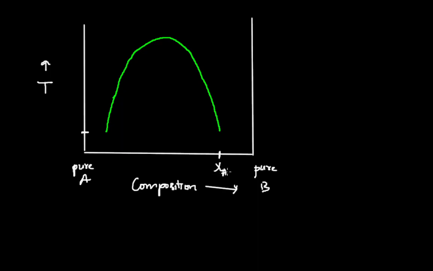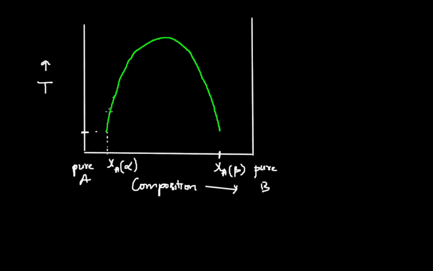I want to call it XA in beta phase. Now here, where pure A is way greater than pure B, I want to represent the composition as mole fraction of A, but in alpha phase. Note that XA alpha and XA beta, although they represent the composition of the same A, but in different phases, are not equal. They vary depending upon which side the composition is greater.